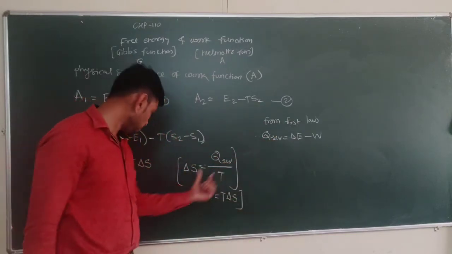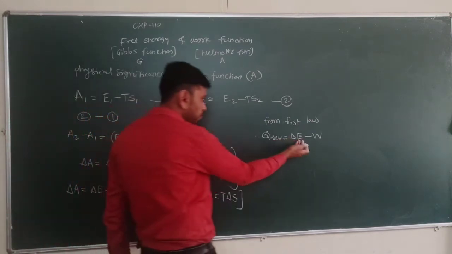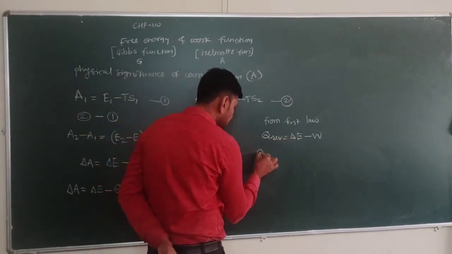We have to arrange this equation in this form, delta E minus Q reversible.